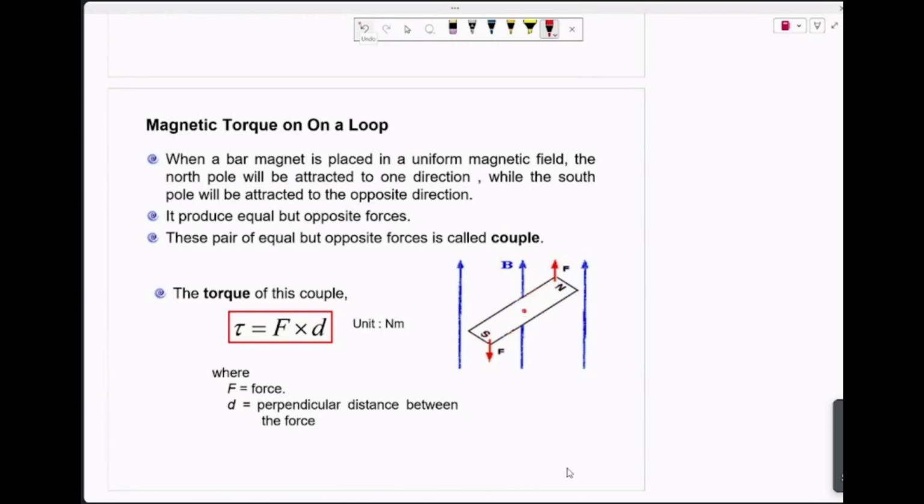Torque is actually equivalent to F times r. If I have a door here and I push this way, this is F and this is r, the distance from the pivot point. The pivot point is the point of rotation. You are going to learn this eventually later.